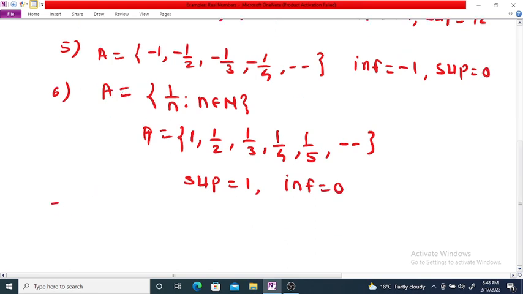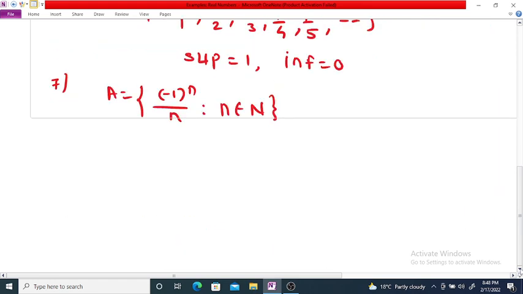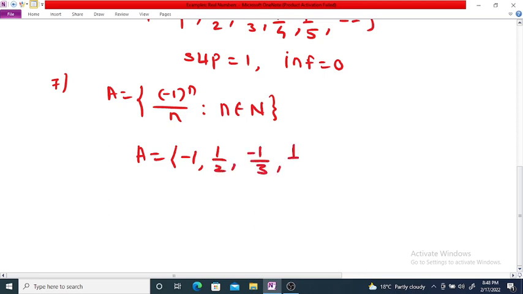Example number 7. A is equal to (-1)^n divided by n, where n is a natural number. Then again, if we write a few elements of this set A, then for n equal to 1 it is -1, for n equal to 2 it is 1/2, for n equal to 3 it is -1/3, 1/4, -1/5, 1/6, and so on.